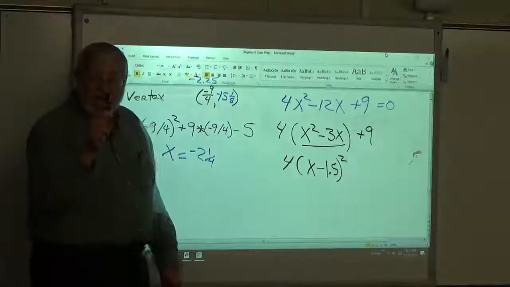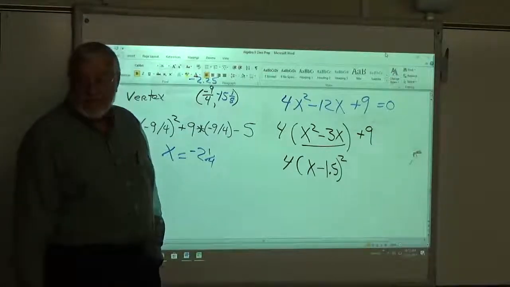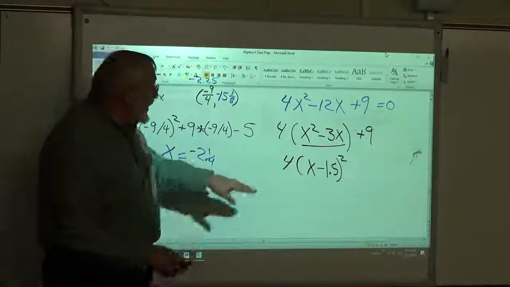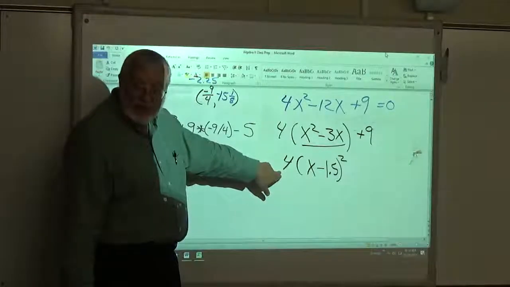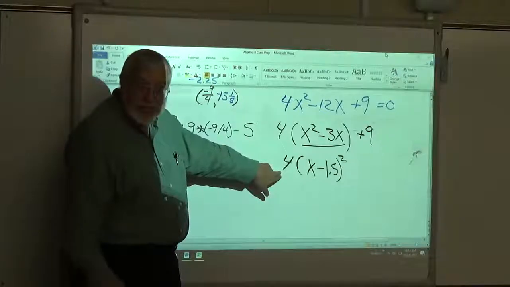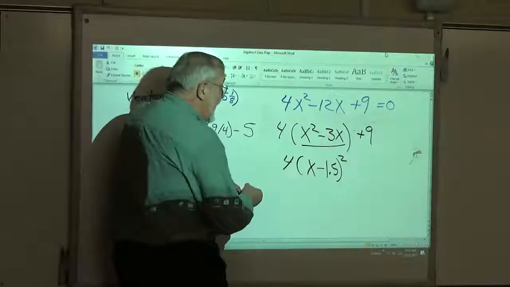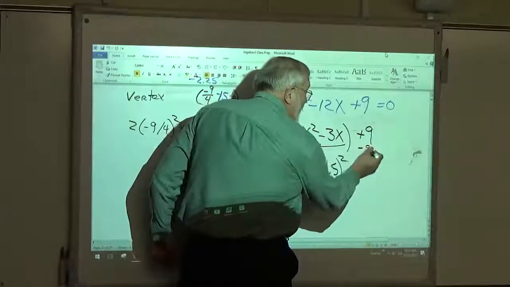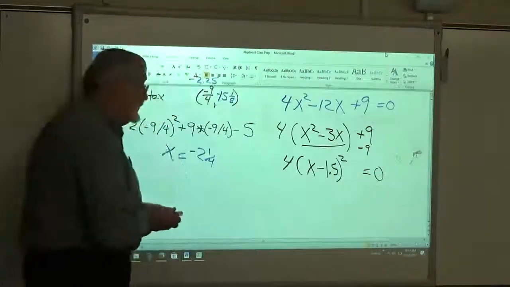What is 1.5 squared? I know that one. 2.25. So I have a plus 2.25, but then I multiply it by 4. So take that number, multiply it by 4, and you have 9, and therefore I'm going to add a negative 9 to the positive 9, and I'm going to end up with 0.